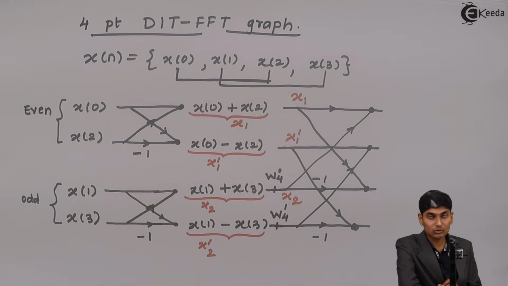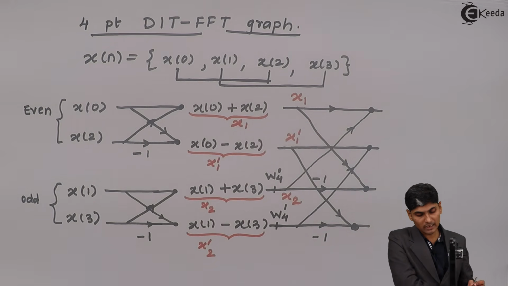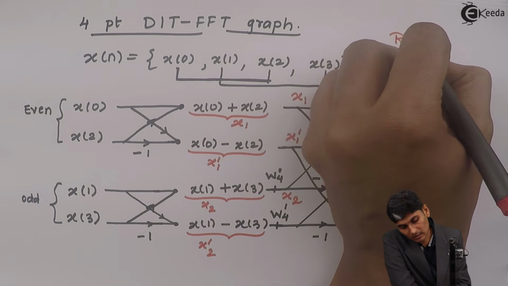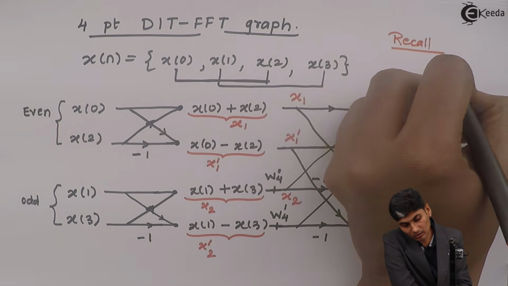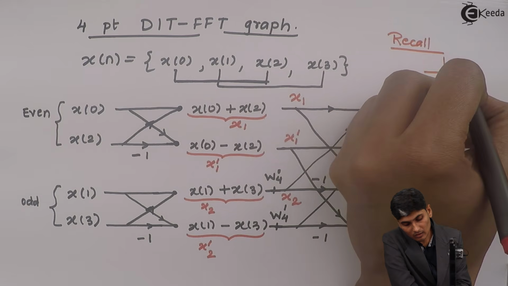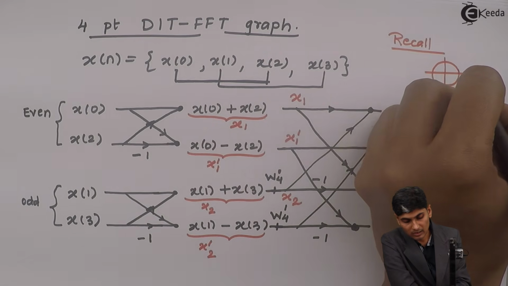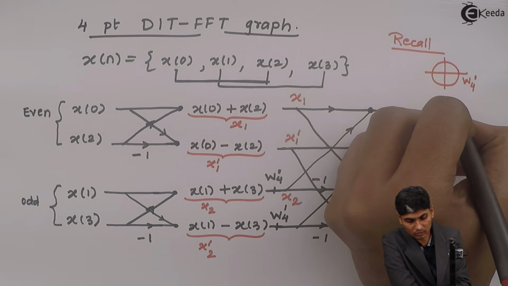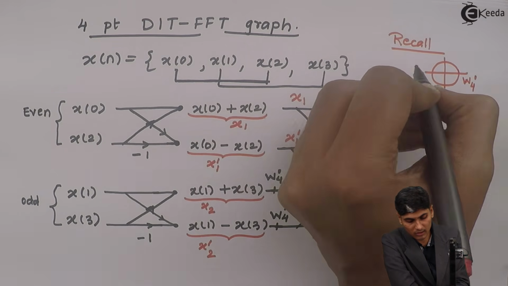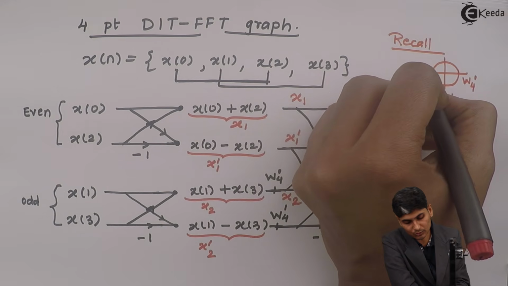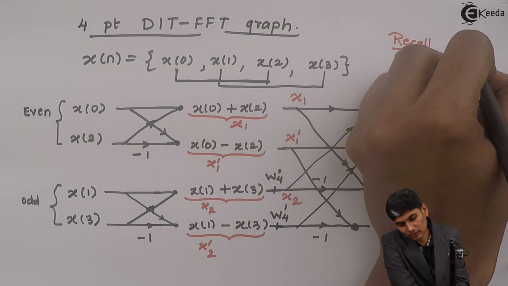What is W4 raised to 1? For that you need to recall the circle structure of the twiddle factor. Here we have W4 raised to 0, here W4 raised to 1, here W4 raised to 2, and here W4 raised to 3.